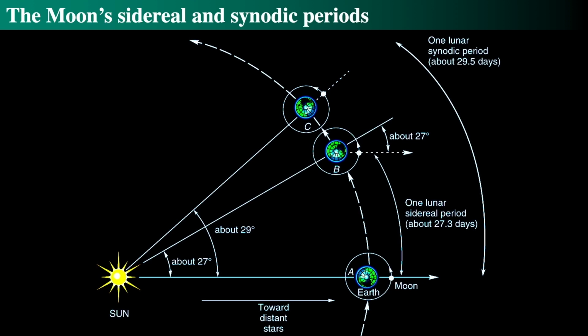So that's going from spot A below, and as the Earth goes around the sun, it gets to spot B. In that time frame, the moon has gone around the Earth and gotten back to that place. If you're looking down from above the solar system, the sidereal month is probably the most intuitive definition of what a lunar orbit would be.